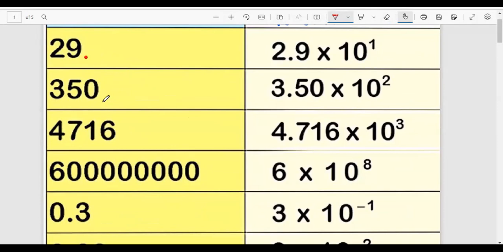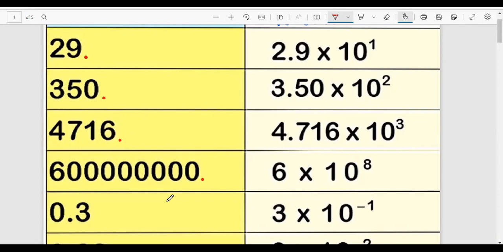Then it's 350. We can't see the decimal, so it is assumed that the decimal is right here. It's 4716. I cannot see the decimal anywhere. It means that the decimal is at the end. Similarly, we have a big number. We can't find the decimal anywhere, so just know that the decimal is at the end.